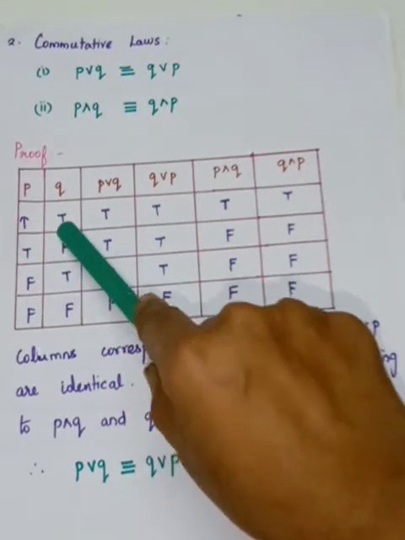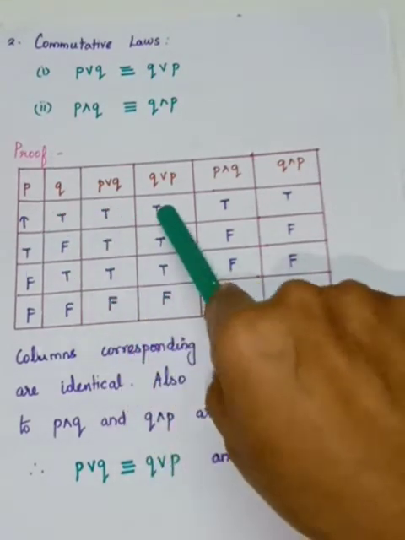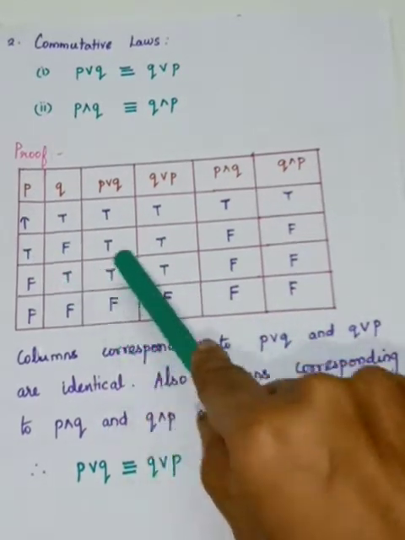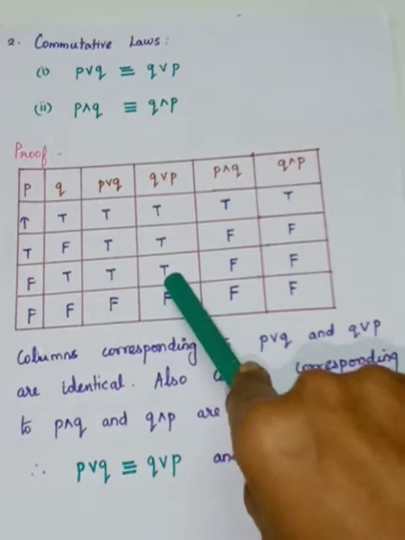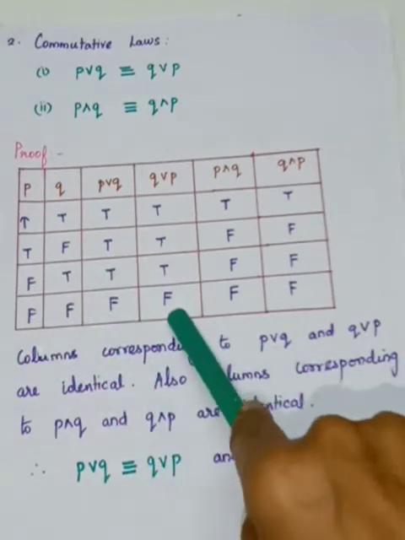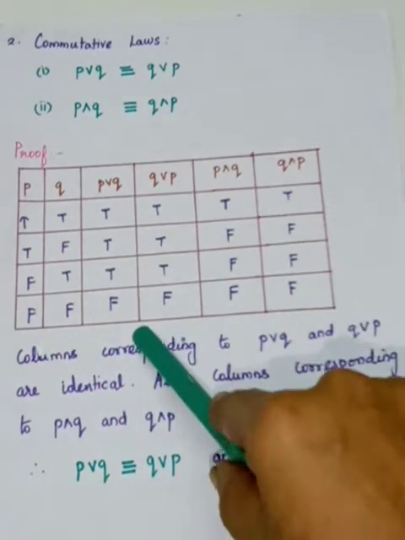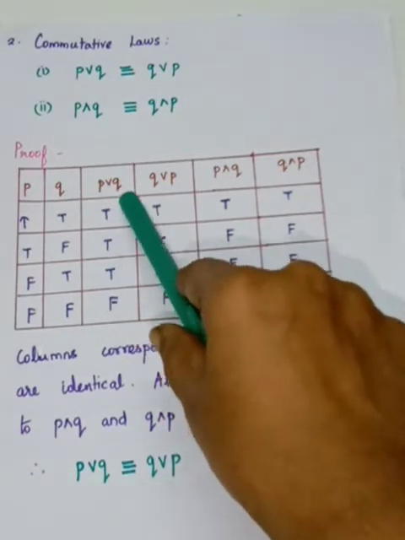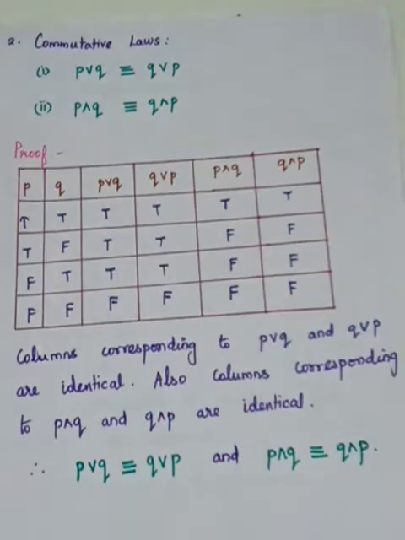Both are true also, it is true. So it will come here as true. Here Q is true, so Q or P is true, and here both are false, so it is false. Therefore look at the third column and the fourth column, they are identical. So P or Q is logically equivalent to Q or P.